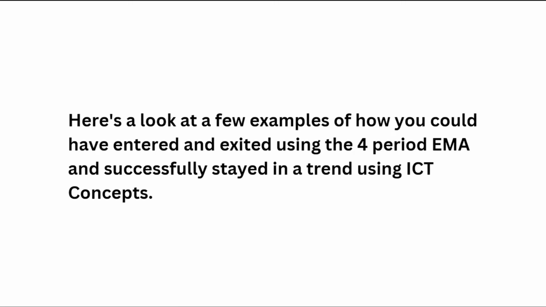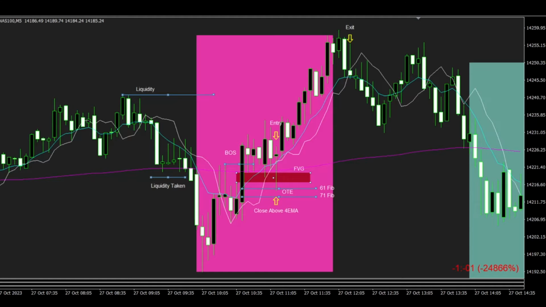Here's a look at a few examples of how you could have entered and exited using the 4-period EMA and successfully stayed in a trend using ICT concepts. Here is an example of the difference between the 4-period EMA with a shift of 4 and the 10-period EMA. They're very closely aligned, but as you can see, there are some differences between the precision of your entries and exits.